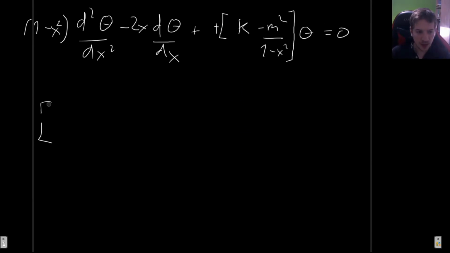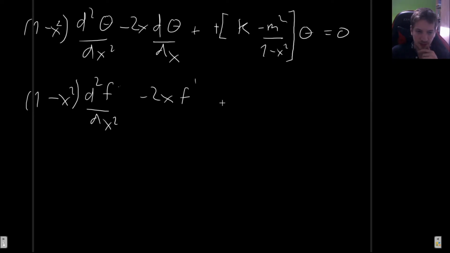So there's a very well-known equation, and to solve this, it is important to know of its existence, because that way we know what we have to get to. We want to transform this into what is known as the Legendre differential equation, which is 1 minus x squared d squared of some function f dx squared minus 2x, I'm just going to write it as f prime, plus n times n plus 1 f equals 0.